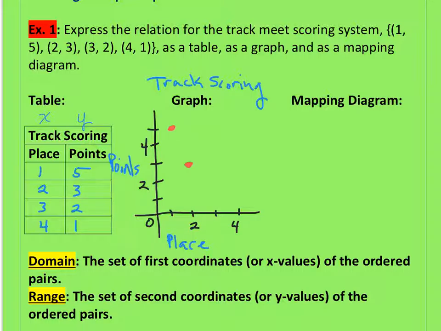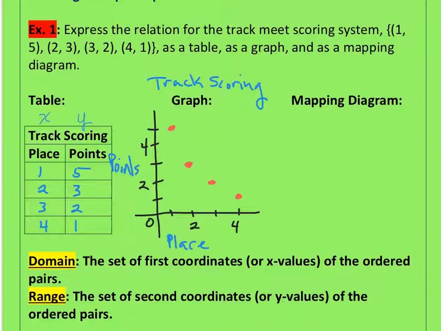My third ordered pair is 3, 2, plot the point. And my last ordered pair is 4, 1, plot the point. So this is just another way to show the relationship visually.